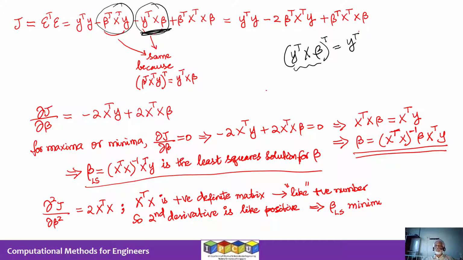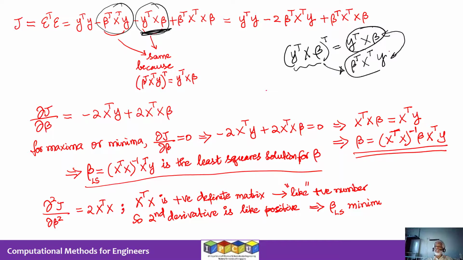So y transpose x beta transpose should be the same as y transpose x beta. But we also know from matrix algebra that y transpose x beta, the whole transpose, should be equal to beta transpose x transpose y transpose transpose, which will be y, because transpose of a transpose will give you the original symbol. Therefore this should be the same as this.